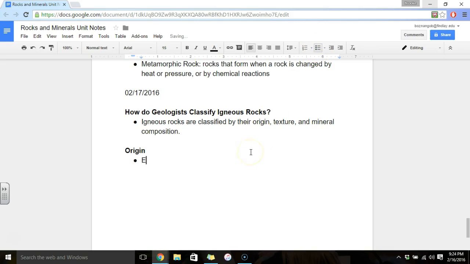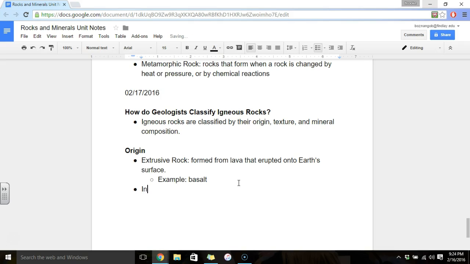I have extrusive rock, and extrusive rock formed from lava that erupted onto Earth's surface. And the nice thing is that it gives us an example of a common extrusive rock, basalt. It's kind of nice, right?